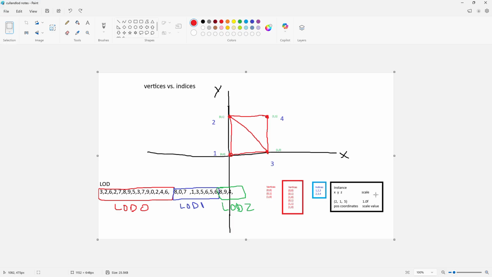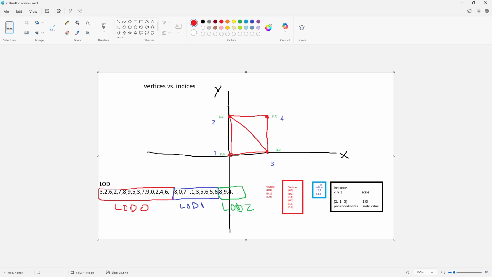Instance is placing the object in world space. And of course we have our X and Y. I really should have had a Z too, because there is a Z of course, but to simplify the vertex and indices, we just do X and Y, right?